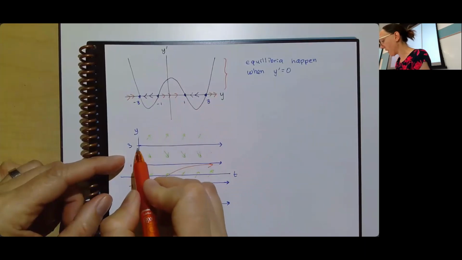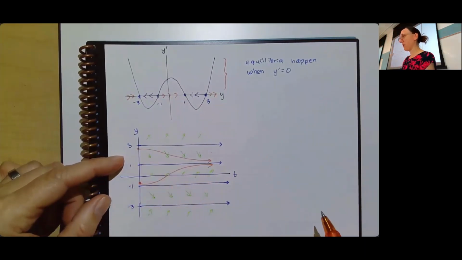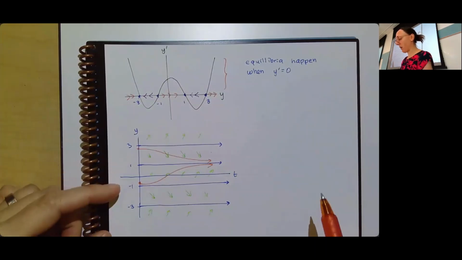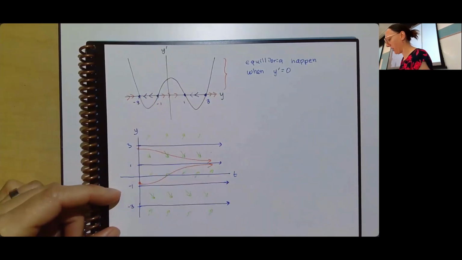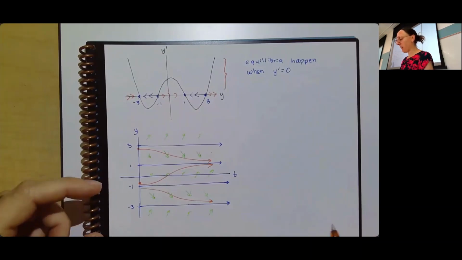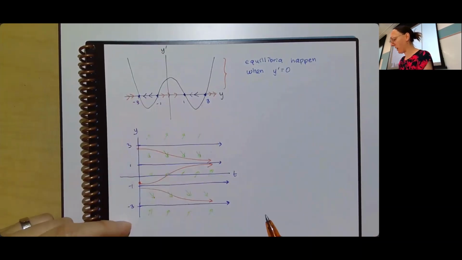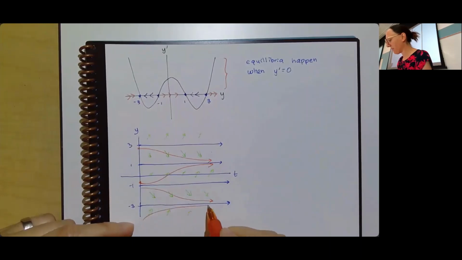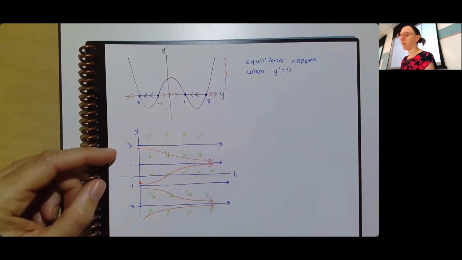If I start between -3 and -1, I get pushed towards -3. So I'm headed down towards -3. If I start off less than -3, I get pushed back towards -3. And if I start above 3, I get pushed bigger forever.